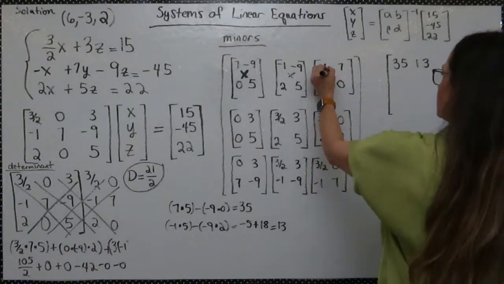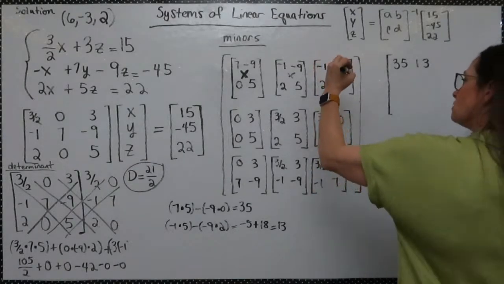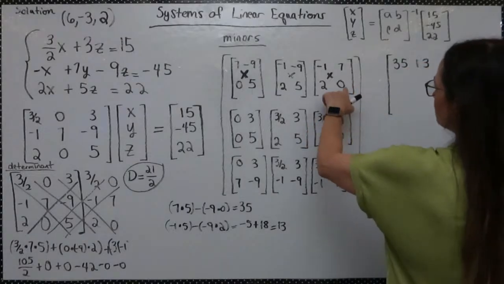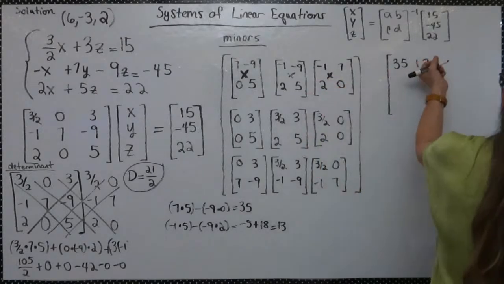And then we have this one, negative 1 times 0. I guess I can do it a little bit faster now. Negative 1 times 0 is 0. Minus 14 is negative 14.